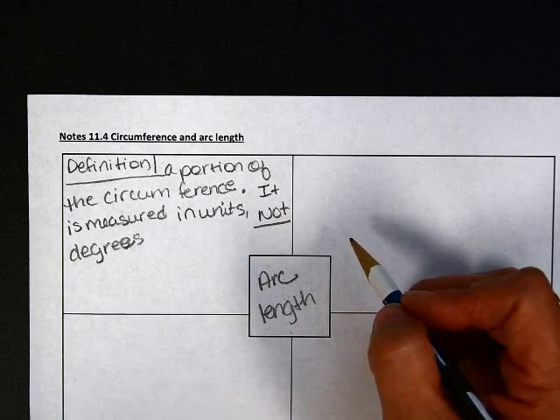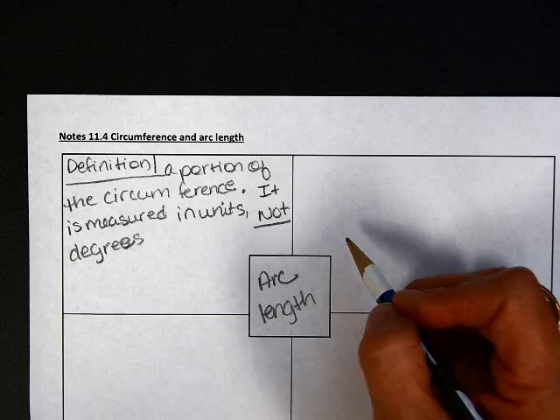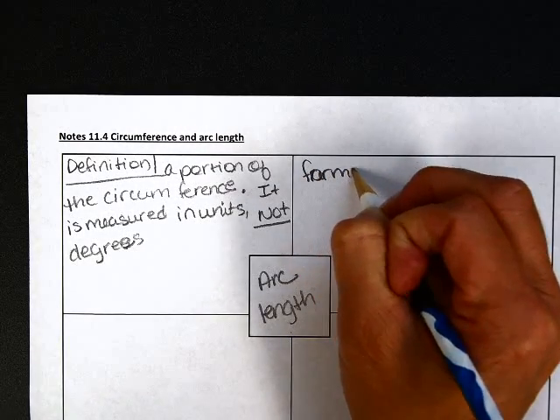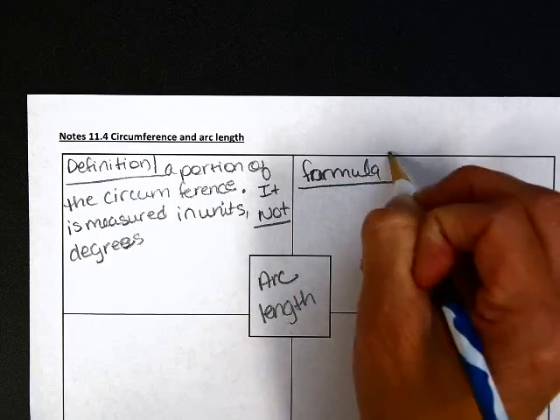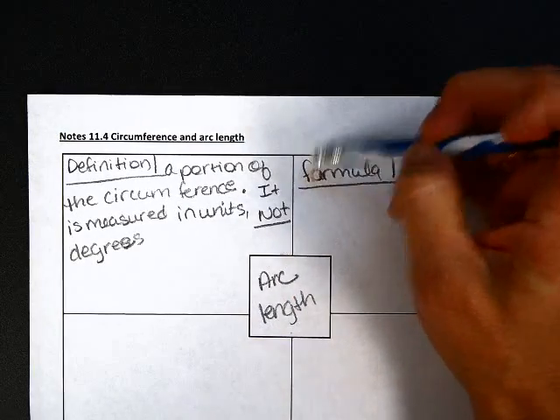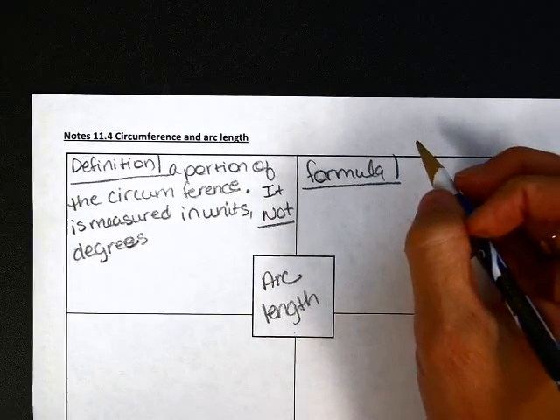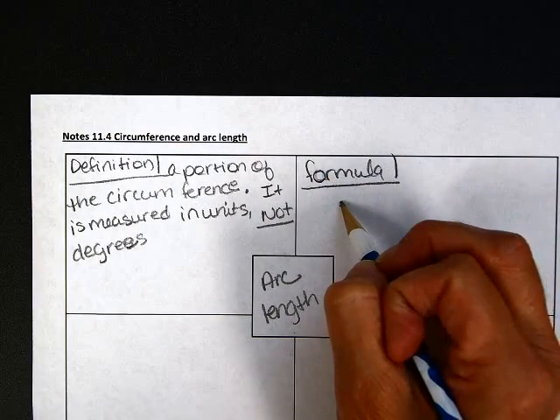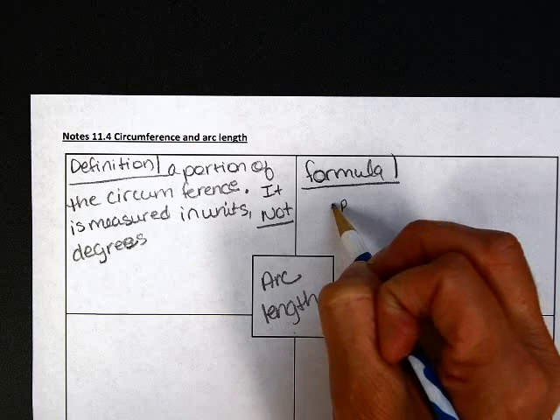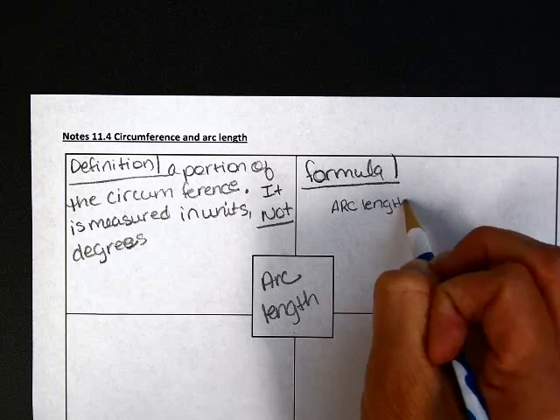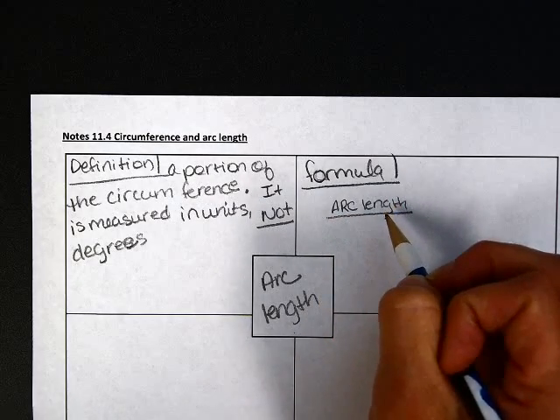Okay, so the formula to find arc length, and I am just not spelling very well today, is: arc length is to circumference.